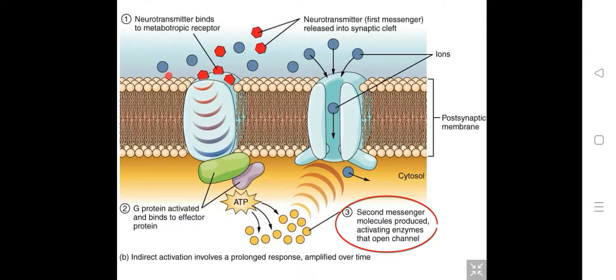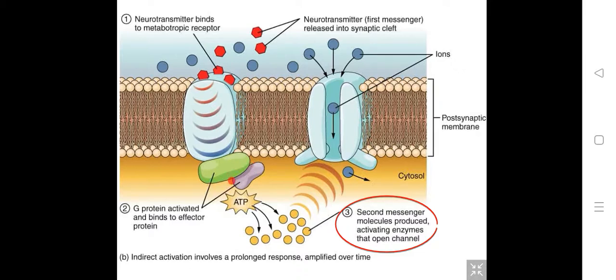Look at the difference. This receptor itself is not opening. It is causing the activation of a G protein. That G protein will then activate an effector.